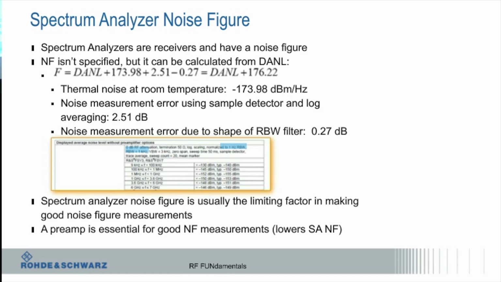You can also change the detector type, so that will measure noise in a different fashion. And then finally, there's a noise calibration routine. A spectrum analyzer, as I mentioned, has a noise figure associated with it. So it will terminate the input of the spectrum analyzer and measure the noise figure of the spectrum analyzer under those given conditions, and then remove the noise figure of the spectrum analyzer.